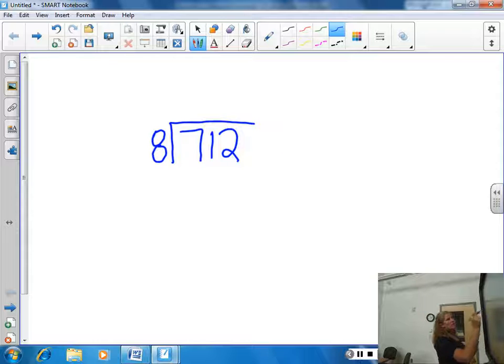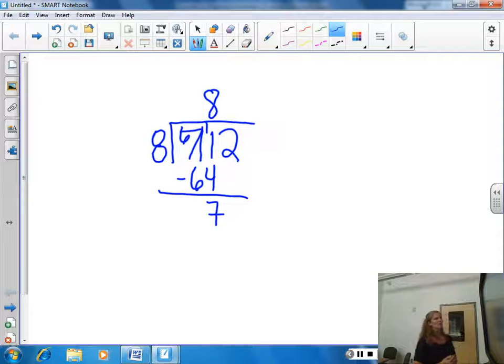So 8 goes into 71. Well, 9 times 8 is 72, and that's too much. So I think it's 8 times 8. That's 64. 71 minus 64 is 7. 6 minus 6 is 0. Bring down the next number, that's 2.